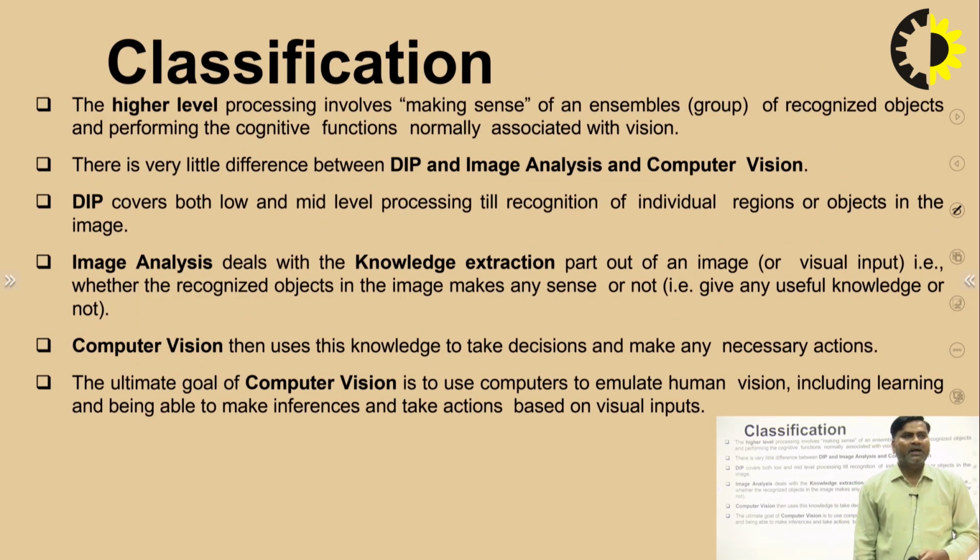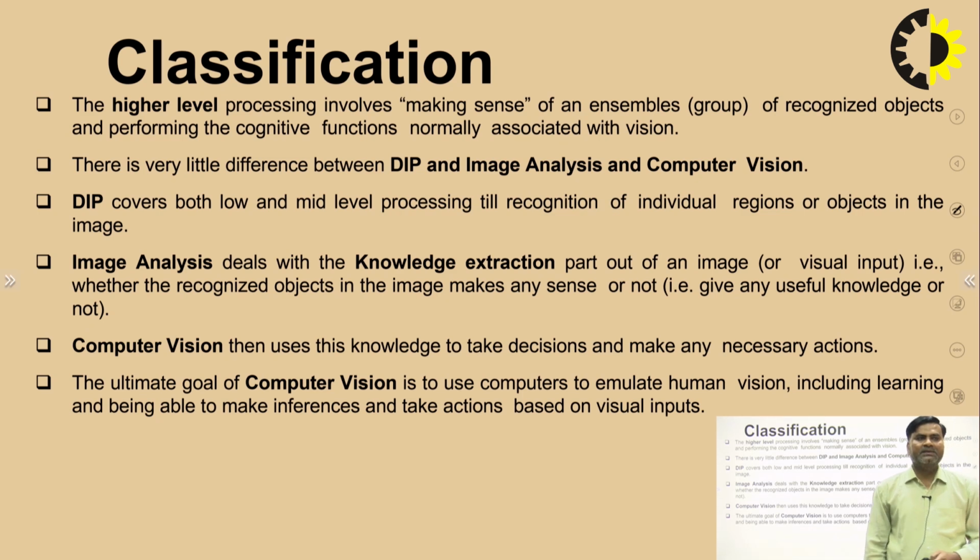Higher level processing involves making sense of an ensemble of recognized objects and performing the cognitive functions normally associated with vision. There is very little difference between DIP, image analysis and computer vision. DIP covers both low and mid level processing up to recognition.